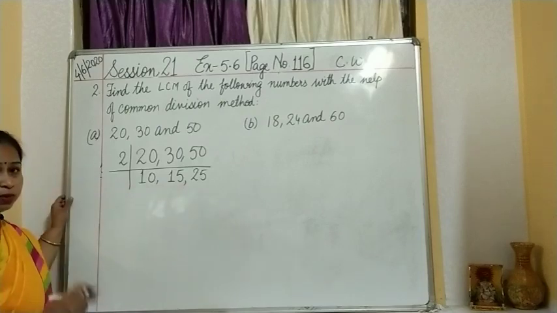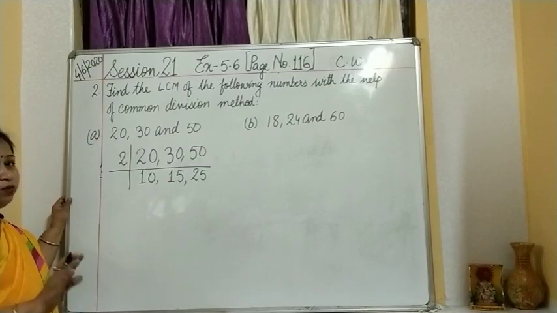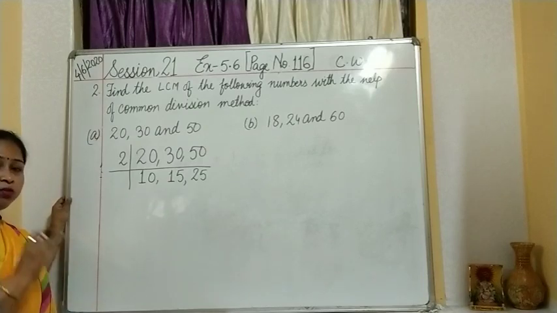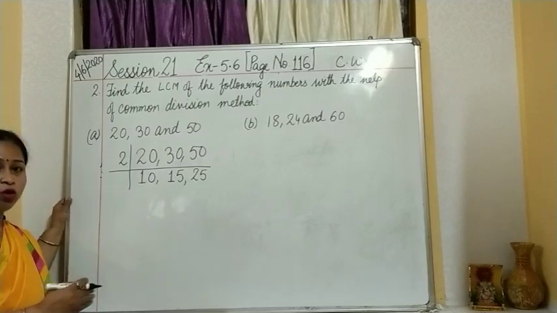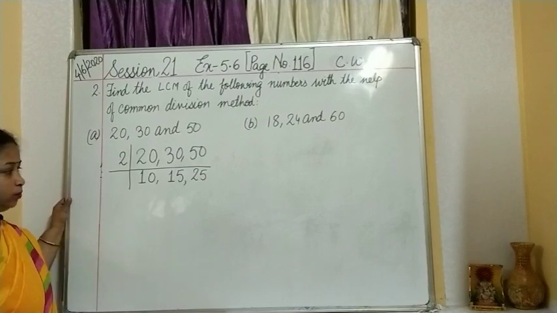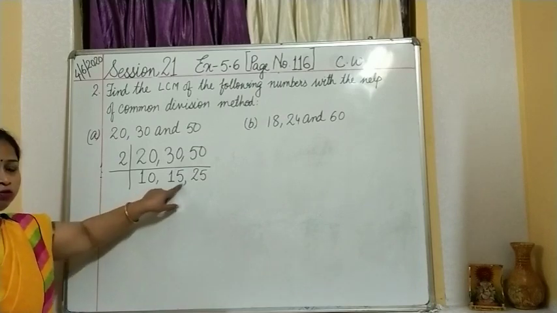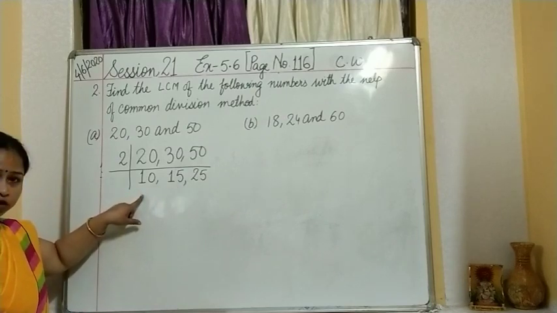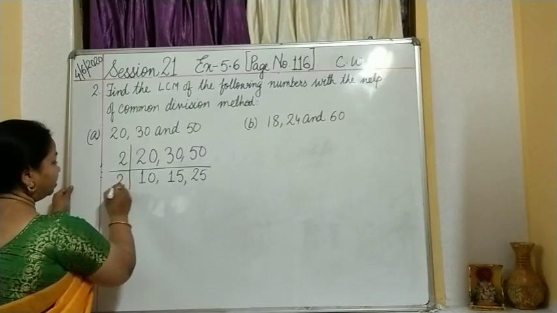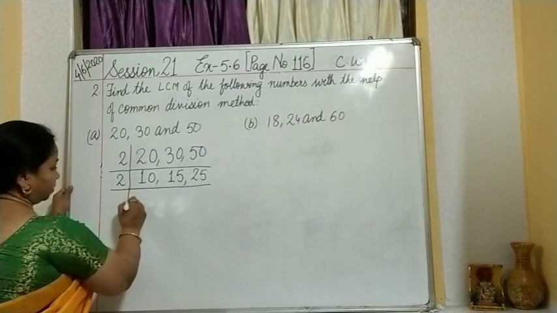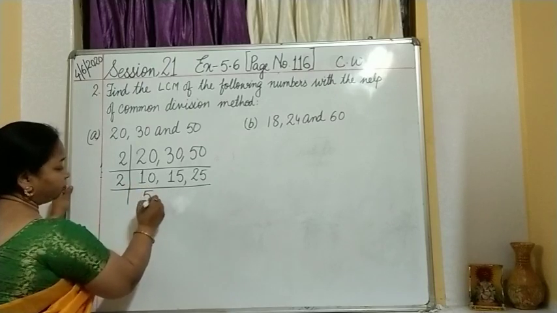I know it is divisible by 5, but hold on, we will always start from the lowest prime number. And then slowly we will go on in the ascending order. Is any of these 3 still divisible by 2? Yes, 10. So we will divide this 10 by 2, and you will get 5 over here.